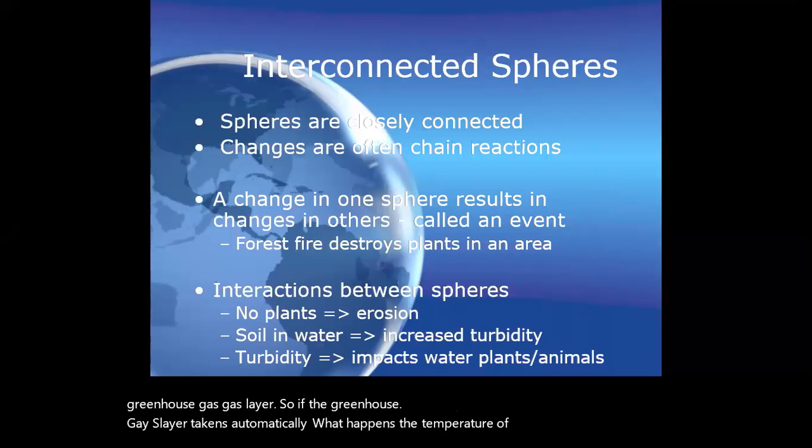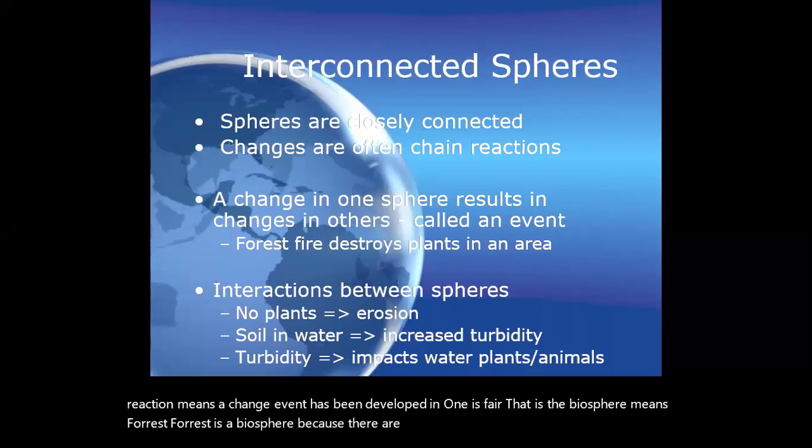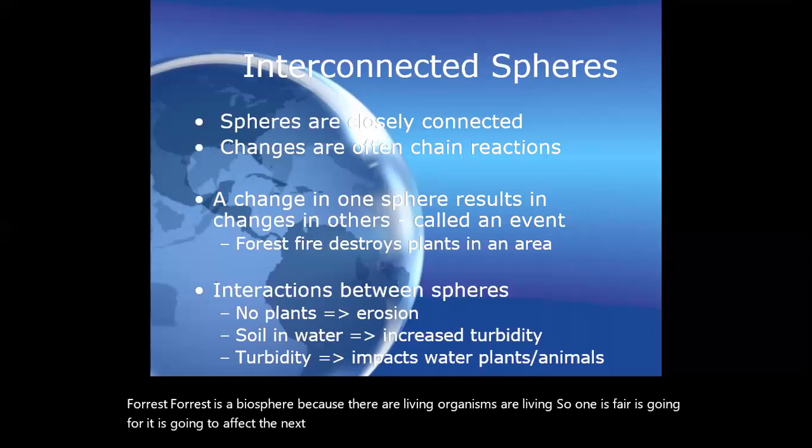So this is a chain reaction, meaning an event has developed in one sphere, that is the biosphere, because forest is a biosphere where living organisms live. So one sphere is going to affect the next sphere, that is the air or atmosphere.